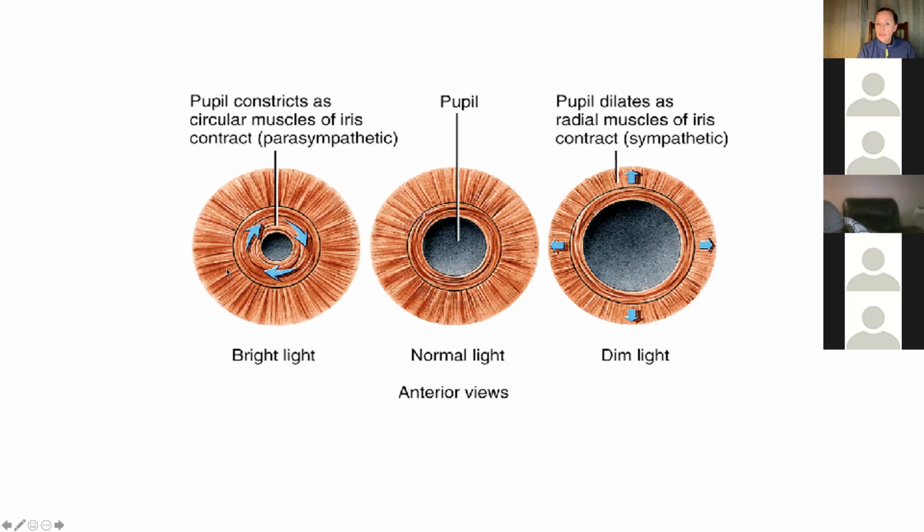So it doesn't always necessarily make the most sense to us, but parasympathetic in bright light, okay, is going to be under control of this circular pupillary sphincter muscles to constrict. And it's a sympathetic reaction to looking in dim light.